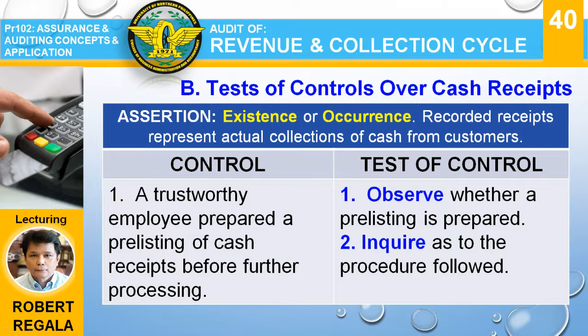The first control is described as a trustworthy employee prepared a pre-listing of cash receipts before further processing. To test this control over the assertion, the auditor observes whether a pre-listing is prepared and inquires of the preparer about the procedures he or she follows.